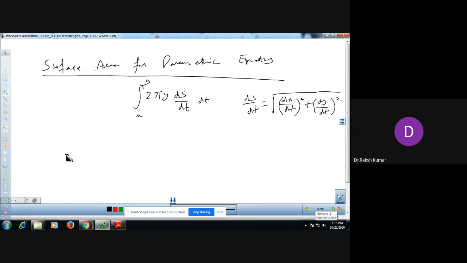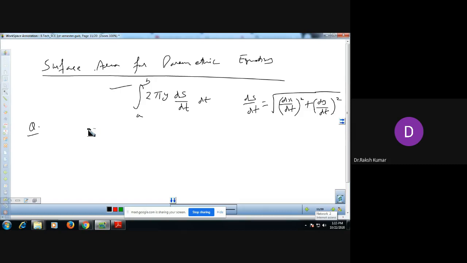This is the formula by which we can calculate ds over dt. Suppose the question comes in polar form, we shall discuss it later for polar equations. Now let us do an example for this formula, when the equation is in parametric form.